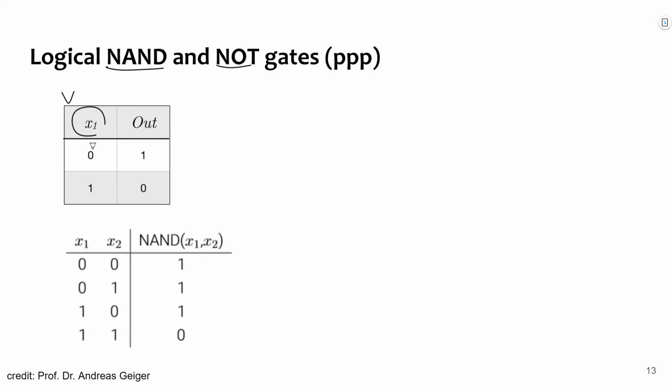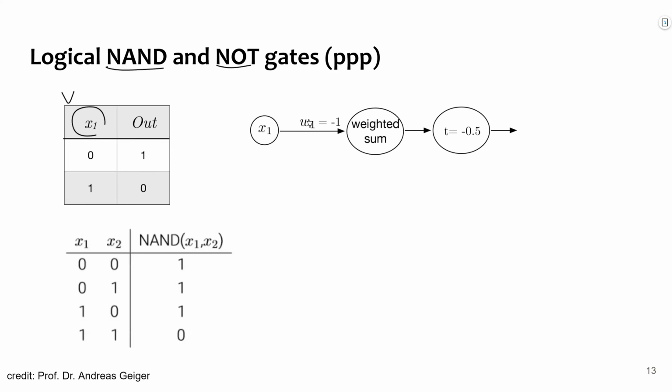Here we have just one-dimensional input, one component from the input. We're going to have just one W1, and we are going to set this value as -1. And the threshold is going to be -0.5.